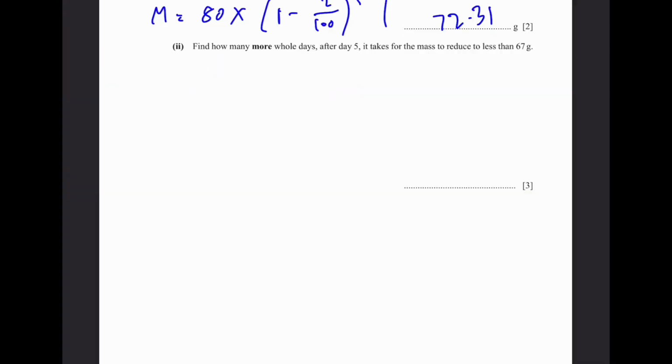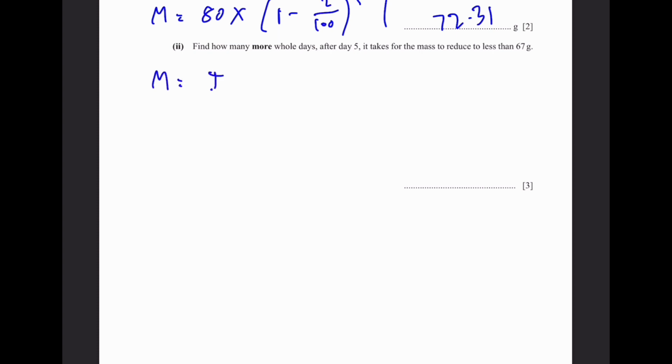2. Find how many whole days after day 5 it takes for the mass to reduce to less than 67 grams. So let's take it to be equal to 67 grams. That means it'll take more days than that time to go to less than 67 grams. Using the logic, we can use the same formula.